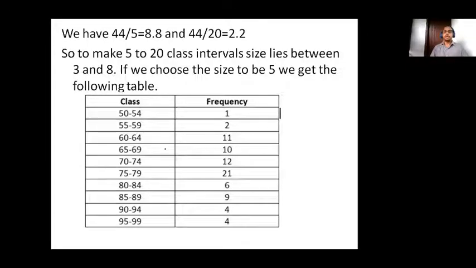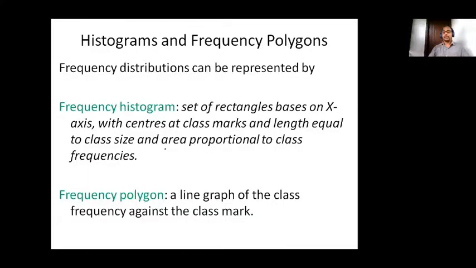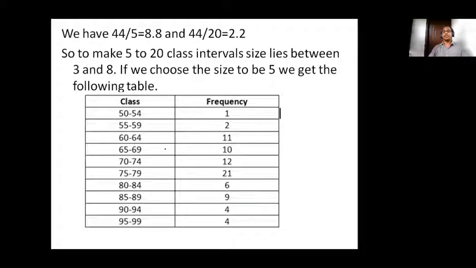If we choose the class size as 5, we get this frequency distribution. Note that our smallest data is 53, but we start from 50 and end at 54. 53 does not come as a boundary value. Okay, so this is the method for forming a frequency distribution.